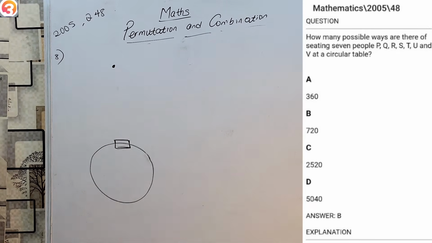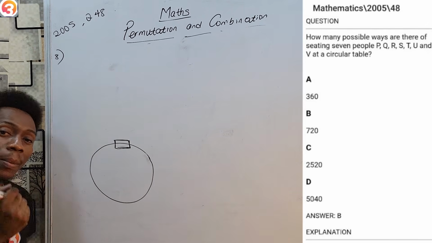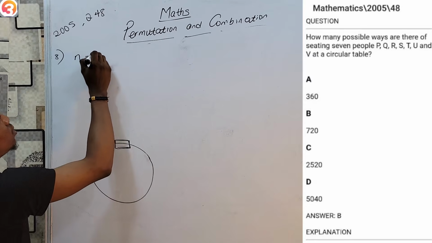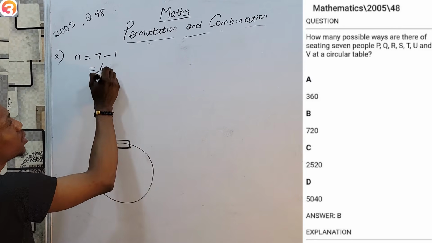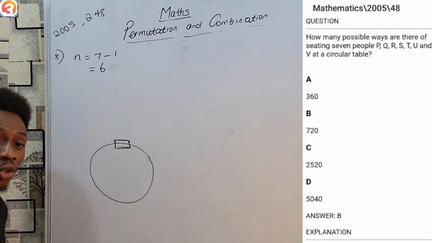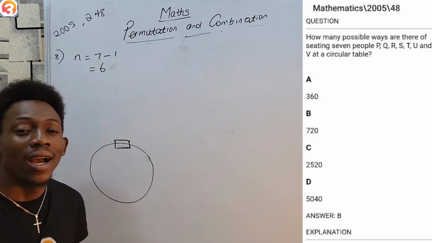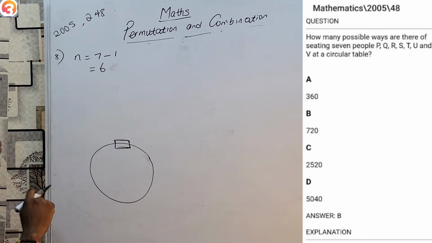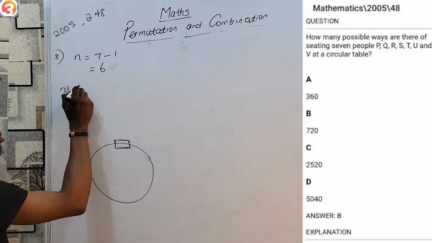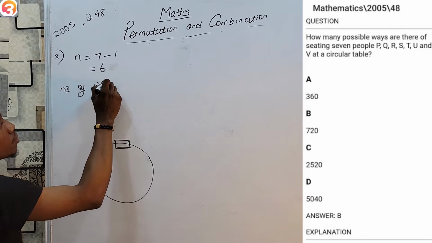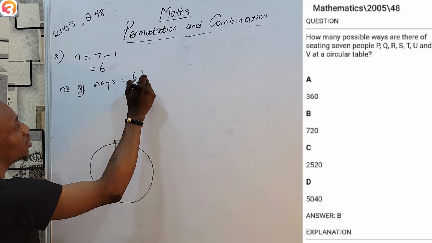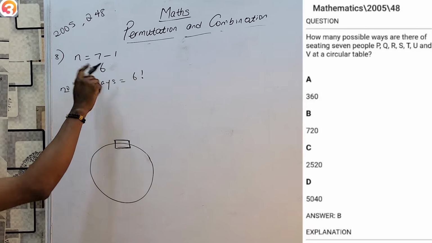And as a result, that means out of the 7 people, I'm not going to arrange just 7 of them. I'm going to remove one person. 7 minus 1 becomes 6. That means I'm going to actually be arranging 6 people around one fixed person. And as a result, my number of ways becomes 6 factorial because I'm arranging just 6 people.